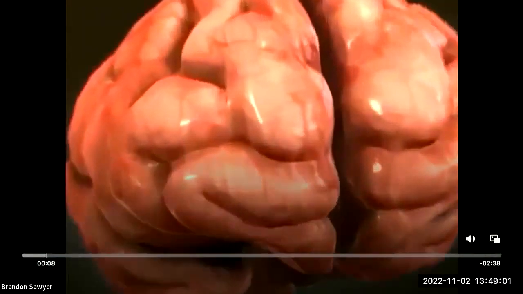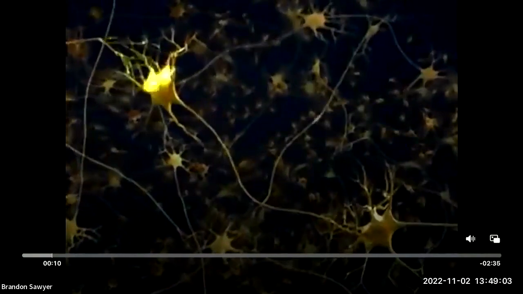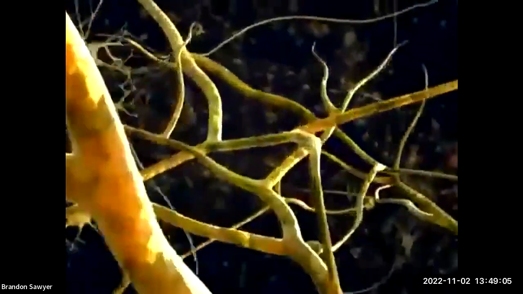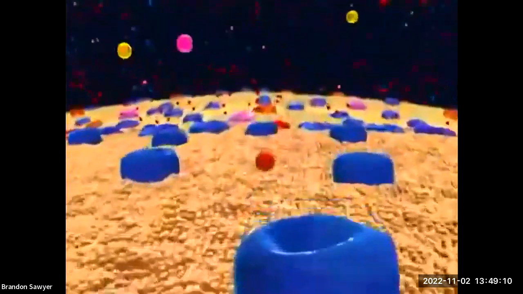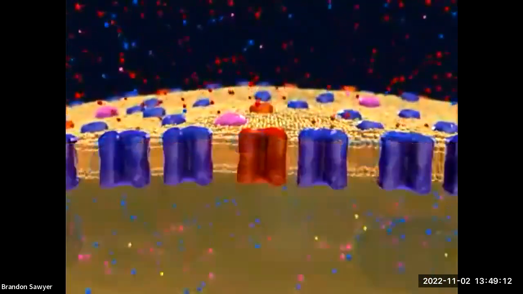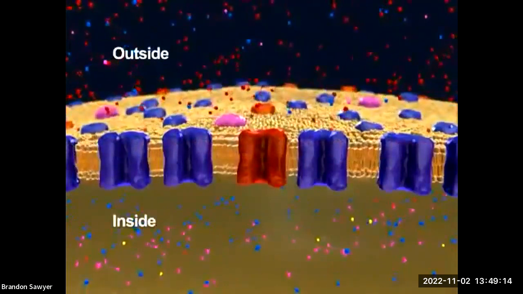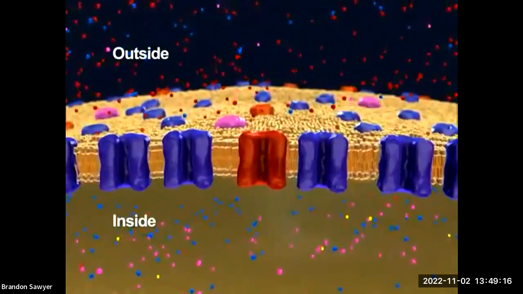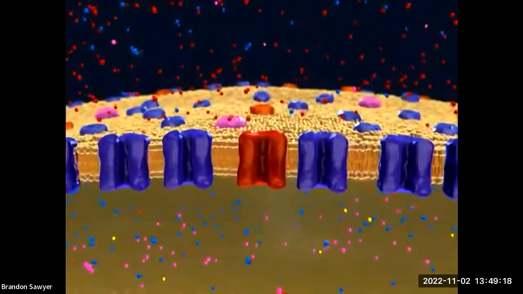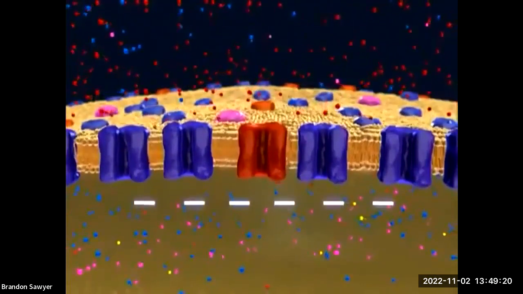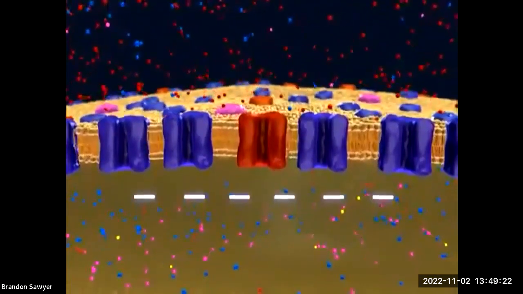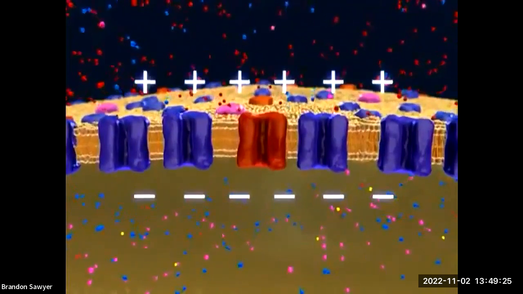The human brain contains about 100 billion nerve cells called neurons. A neuron, like every other cell, has positively and negatively charged ions inside and outside. Further, a resting neuron has a greater negative charge on the inside surface of the plasma membrane and a greater positive charge on the outside surface.